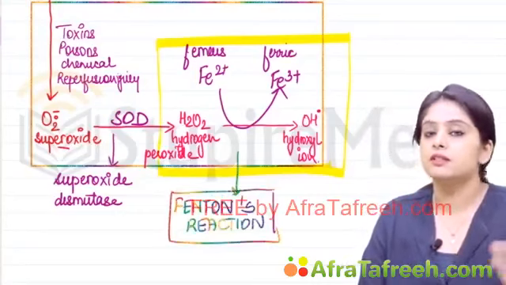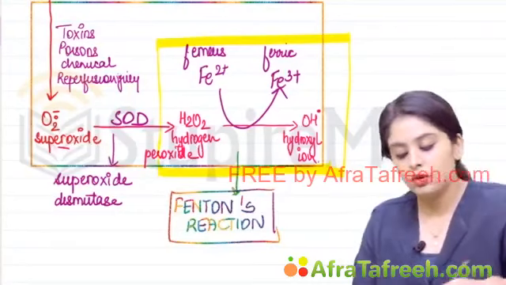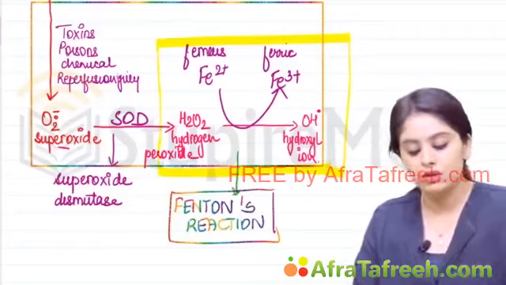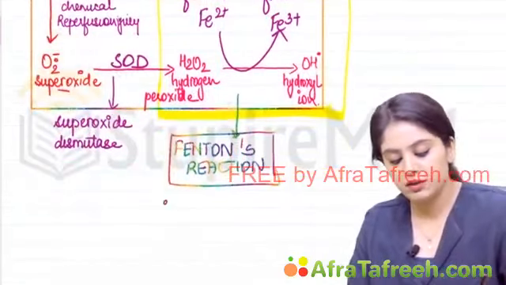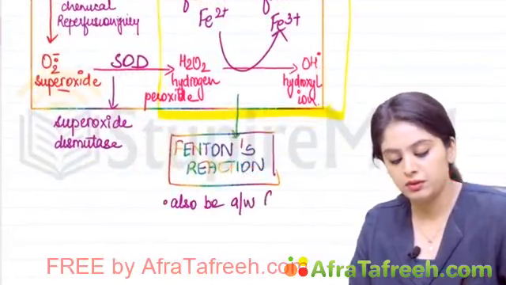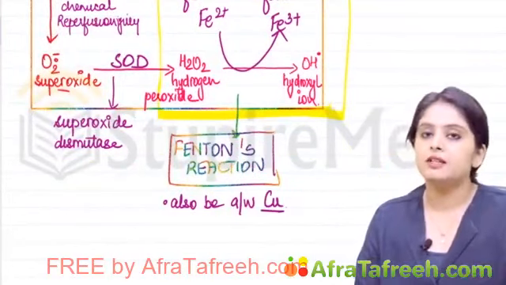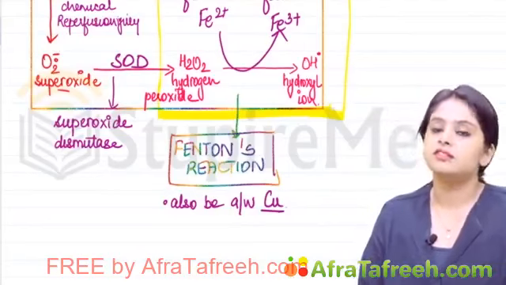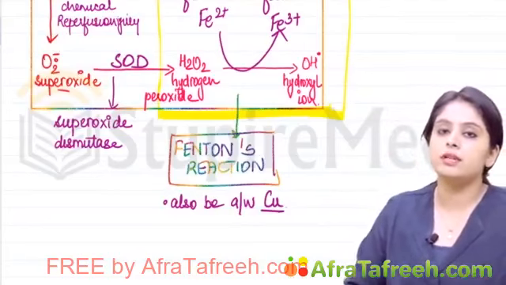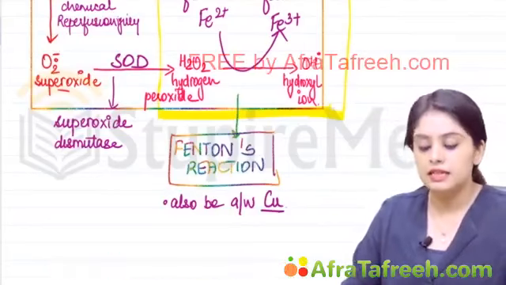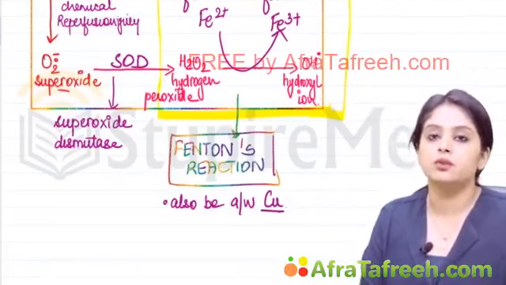Very important question: the similar reaction can also occur in the presence of copper. When with iron, we are calling it Fenton's reaction, but the same reaction can also occur in the presence of copper.